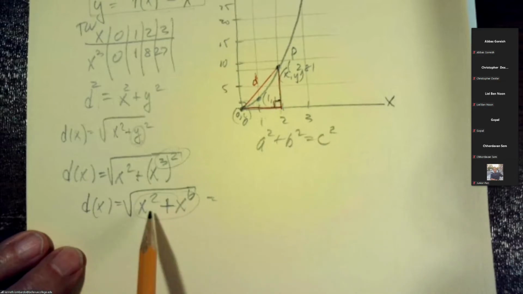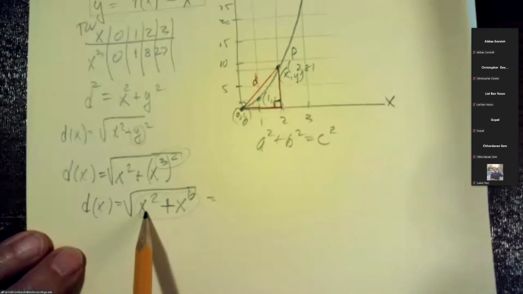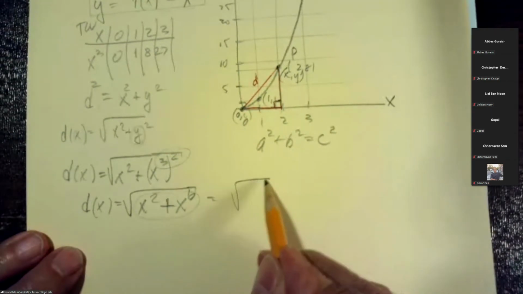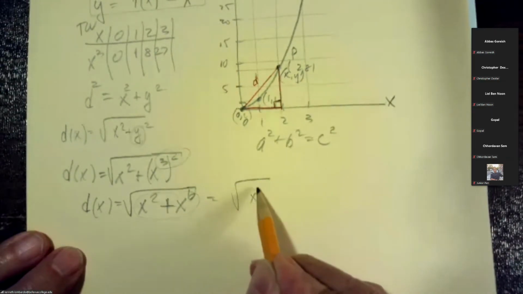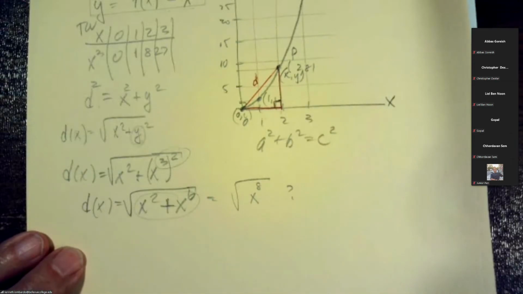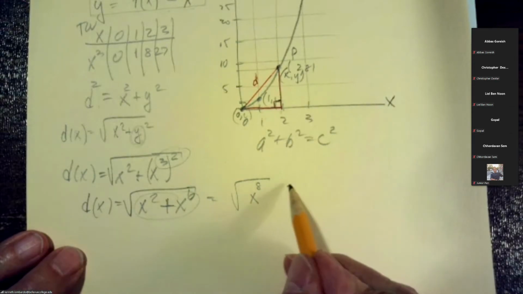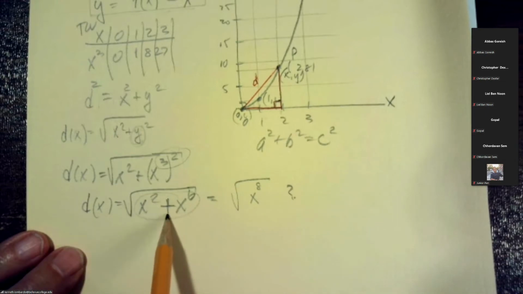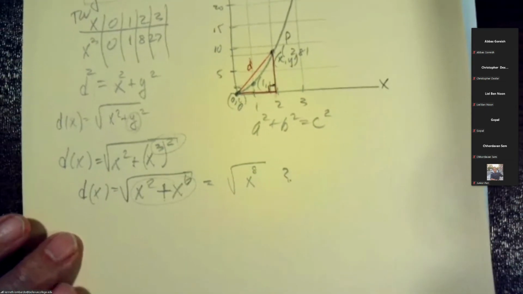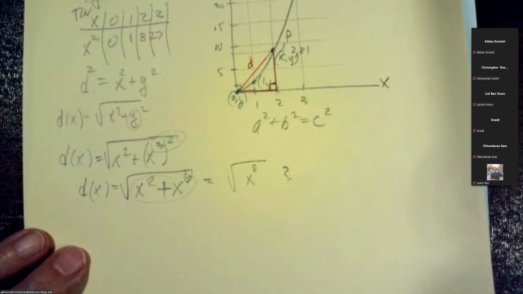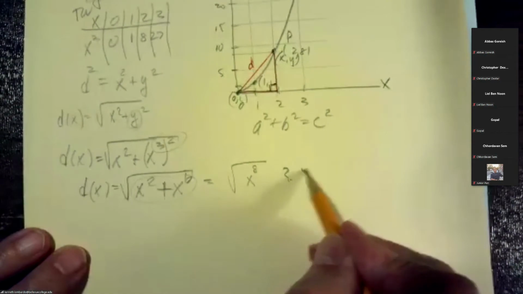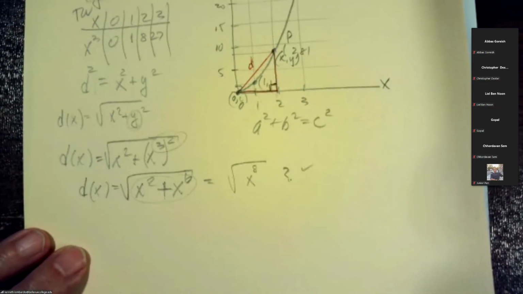Can these be simplified? X to the 8th. So that looks like root x to the 8th, like that. I'll just put a question mark there until everybody agrees. Everybody agree? X to the 2 plus x to the 6 is x to the 8. Is that correct? Yes. So we have one says yes. Anybody else?